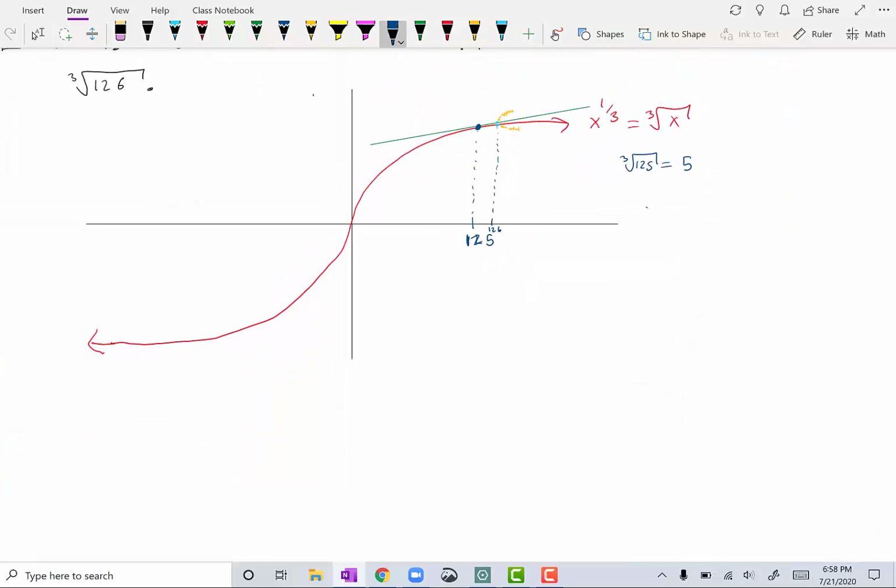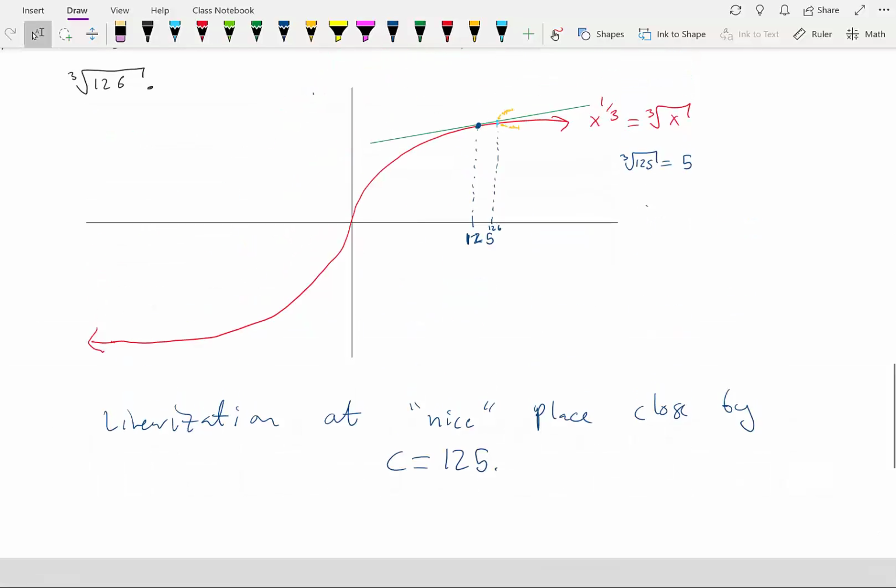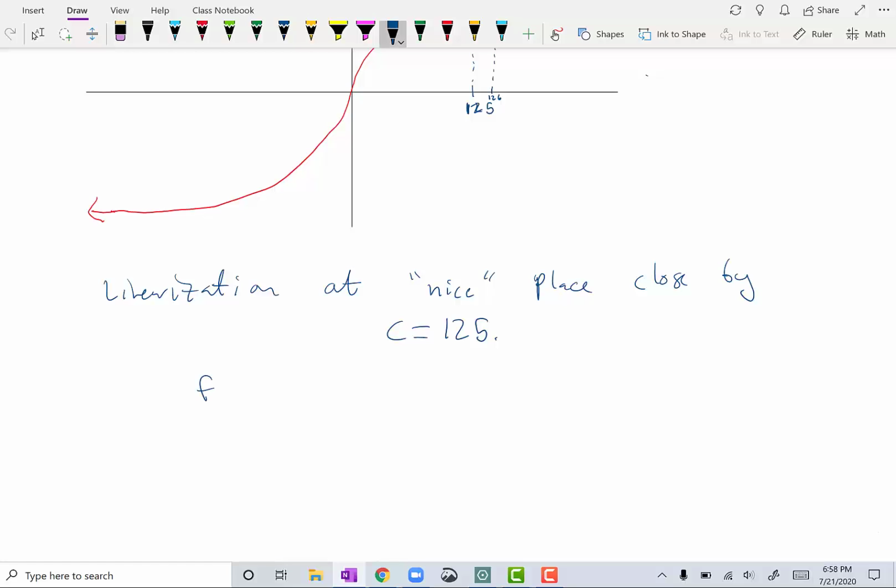So what we do is we write down the linearization at a nice place close by. So basically I'm choosing c to be 125. And then I'm using our linearization equation. For the linearization equation we need f of c and we need f prime of c. So f of c we said was the cube root of 125. f prime of x is 1/3 x to the minus 2/3.